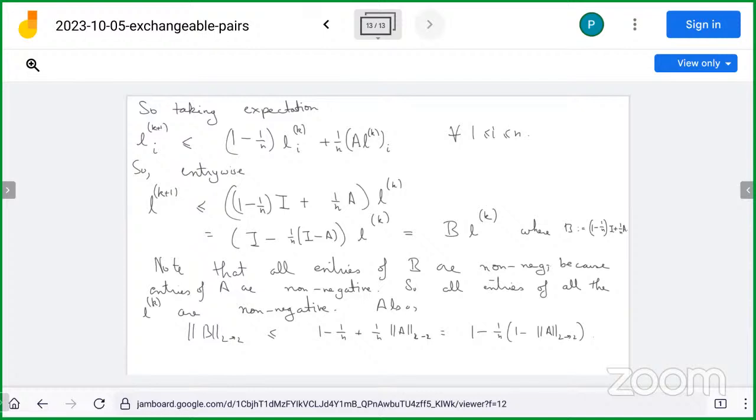It is just a timing, but I was thinking of something more complicated. You take any unit vector v, multiply it here. This is just a scaling, so the operator norm is that.